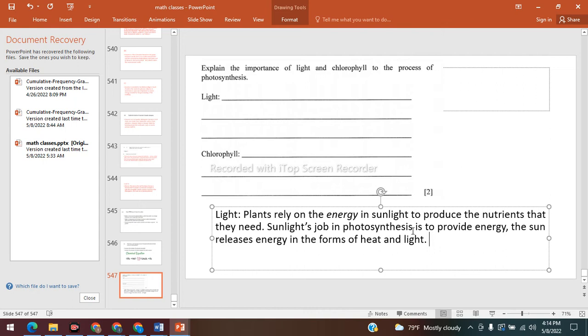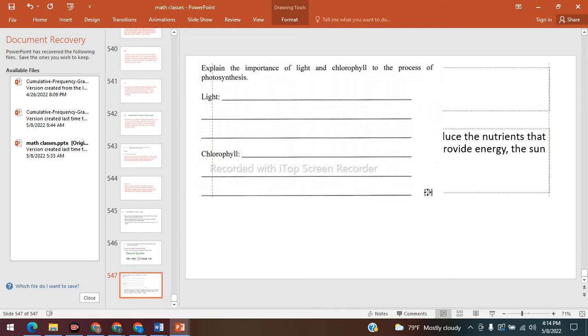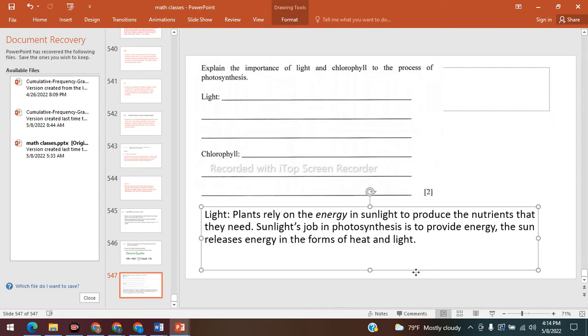But are you giving us more than 1 point? No, I think that's it for light. You need the light for energy. No, I mean, is all of that entirely 1 point? Yeah, one for light. We haven't reached chlorophyll yet.